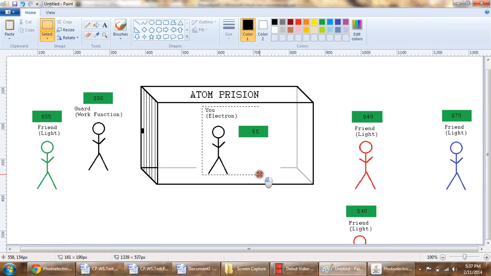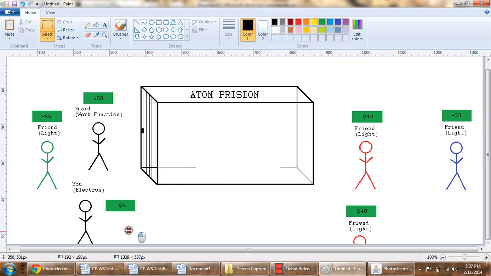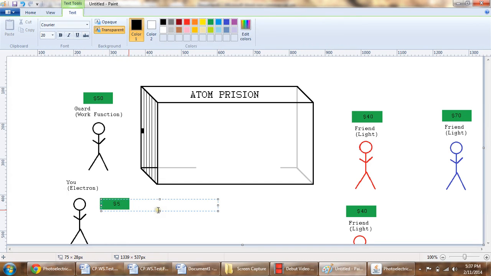Guard looks at you. You got $5. Guard says, alright, you got 5. Your friend's got 55. I only want 50. Because of the way light works, your friend disappears. Takes 45 from your friend, takes 5 from you. When it's all said and done, you're left over with $10 all to yourself.